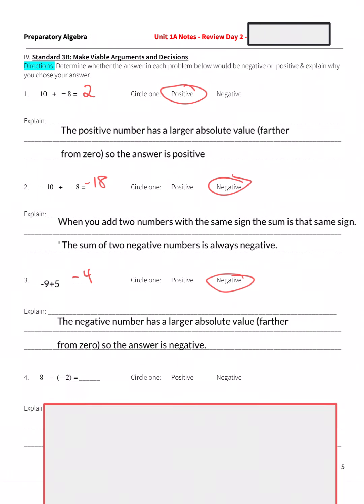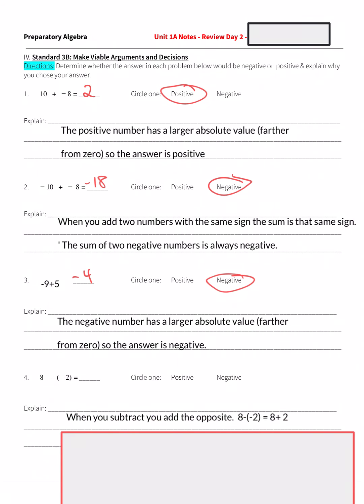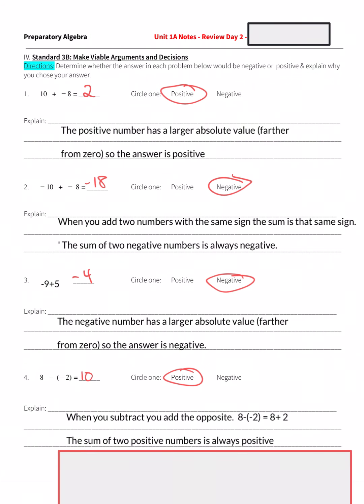Our last problem for this page is 8 minus negative 2. And the answer here is a positive 10. Positive. And why is that? Well, when you subtract, you add the opposite.